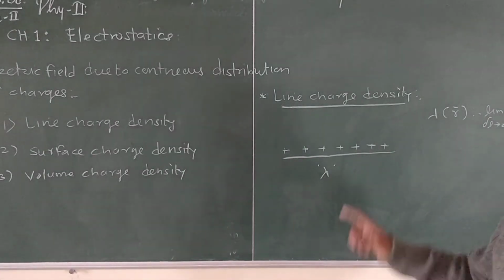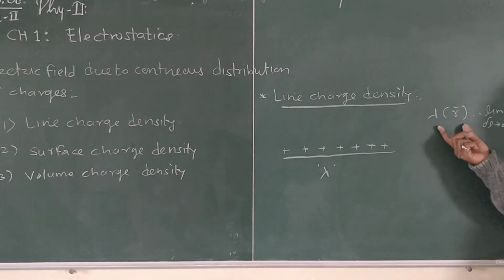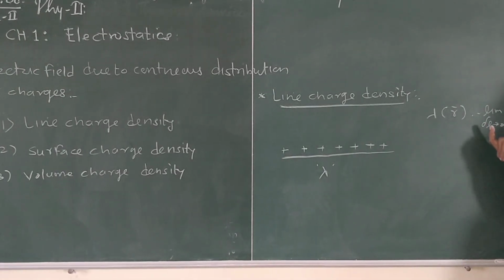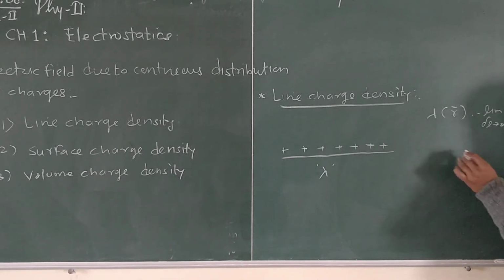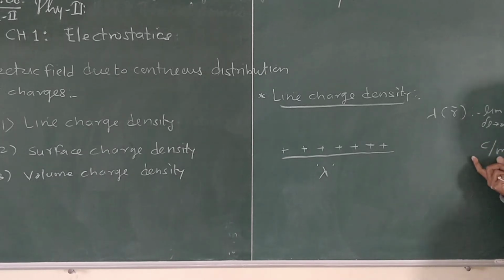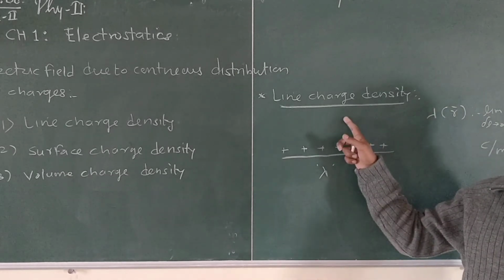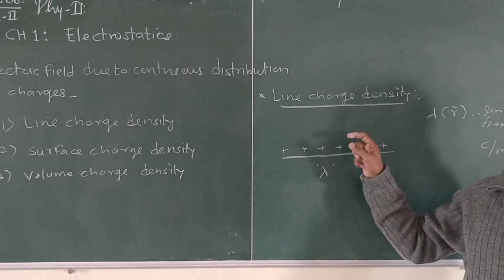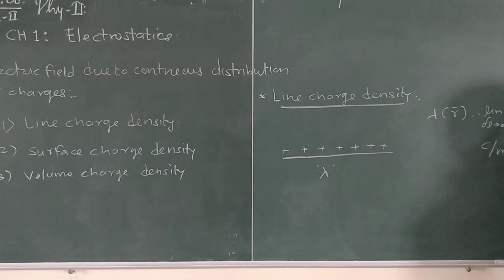This is the formula of line charge density, and it is measured in units of charge in coulomb and length in meter. So the unit of line charge density is coulomb per meter. It is defined as the charge per unit length.